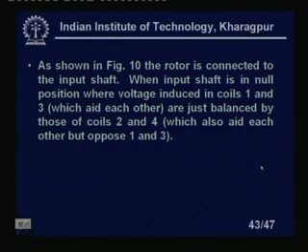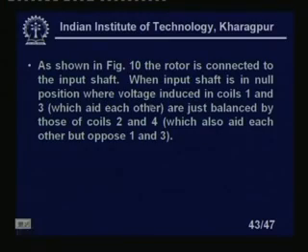As shown in figure 10, the rotor is connected to the input shaft. When the input shaft is in the null position, the voltages induced in coils 1 and 3, which aid each other, are just balanced by those of the coils 2 and 4, which also aid each other, but oppose 1 and 3, right.